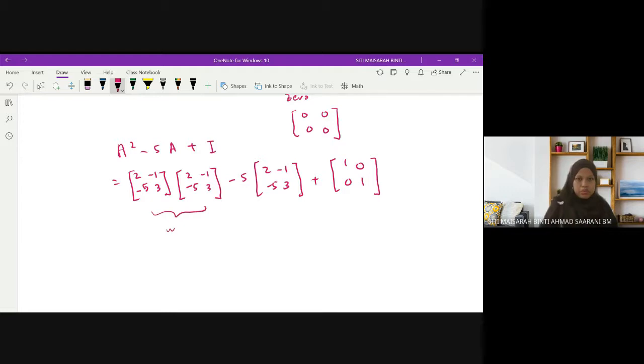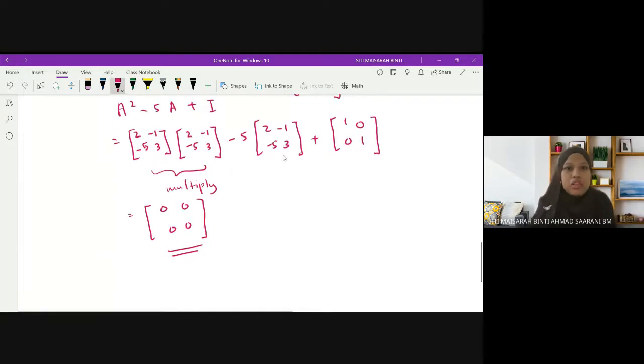This one is supposed to multiply. After that awak boleh tolak dan tambah lah. So finally we should get 0 0 0 0. Jadi awak kira lah, dia akan dapat 0 0 0 0.